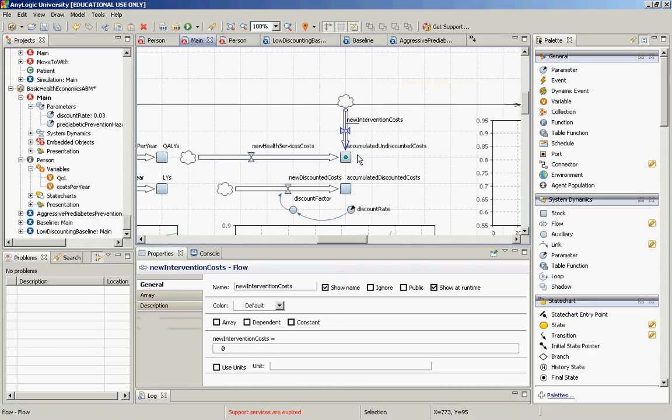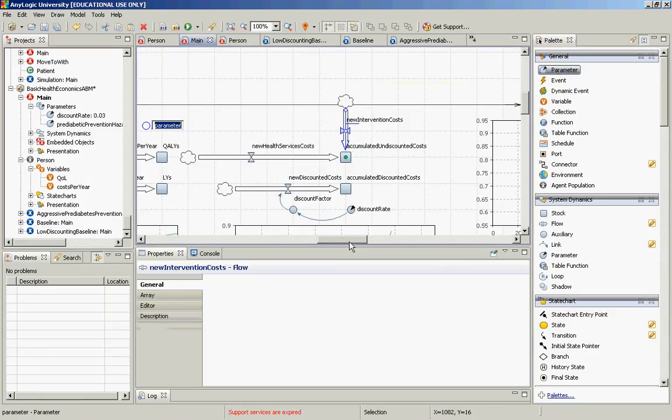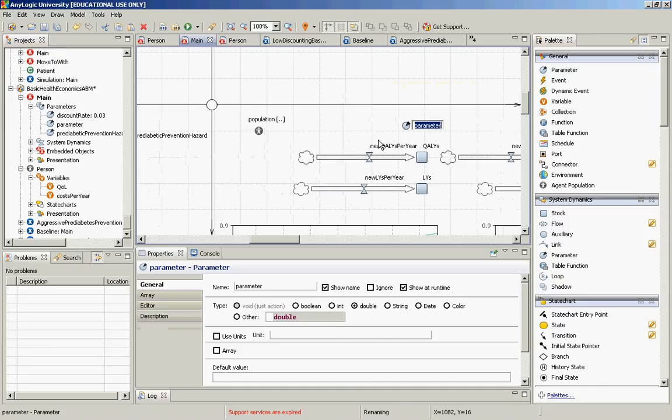And for simplicity, we might say, if a prevention program is in place, we'll just estimate what the costs per year are associated with that. So this would be costs per year associated with the intervention.